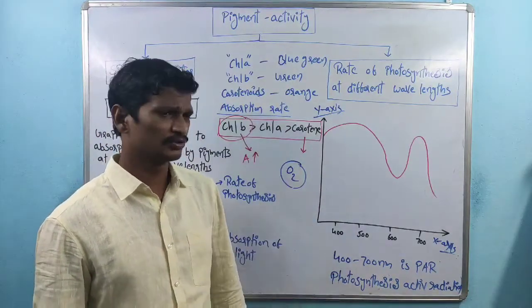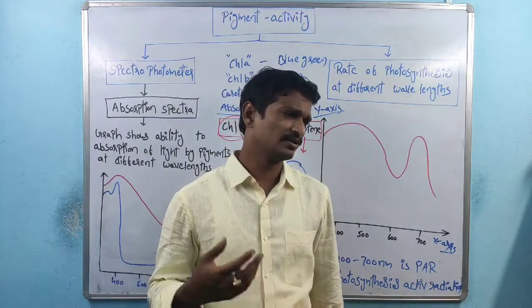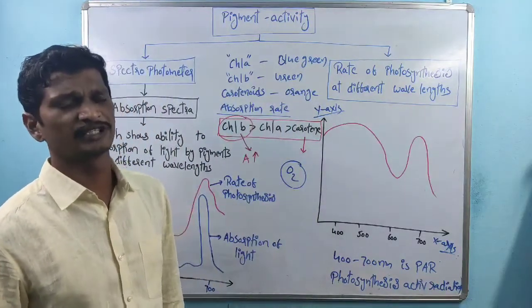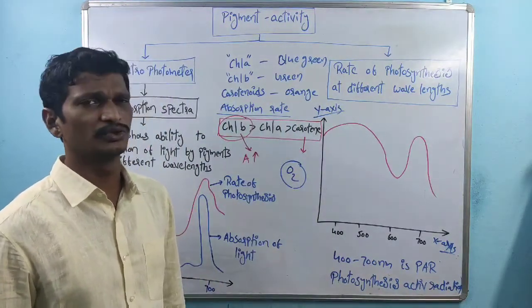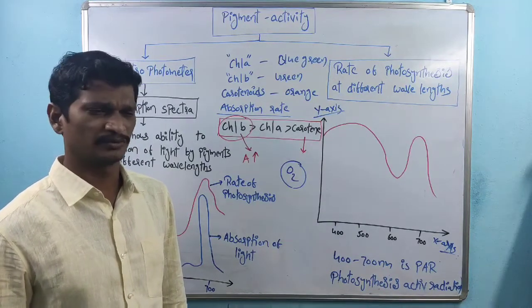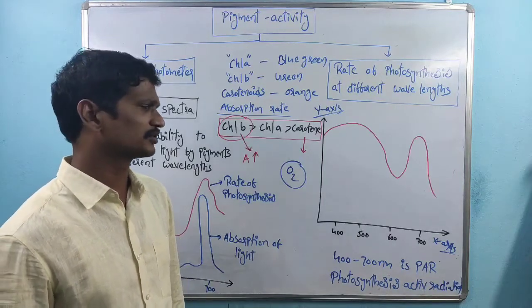We already discussed very close to 400 and very close to 700; these two points are the maximum points. In between these two, the 400 point is the maximum point for the greater photosynthesis rate and oxygen evolution, right?